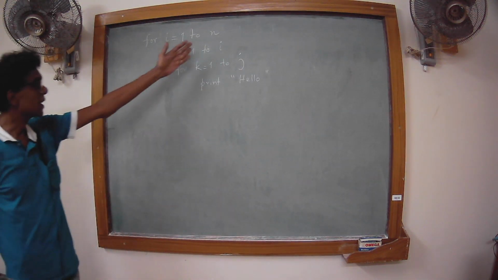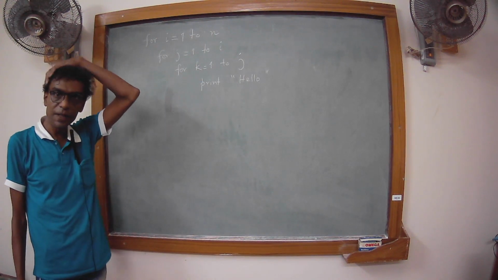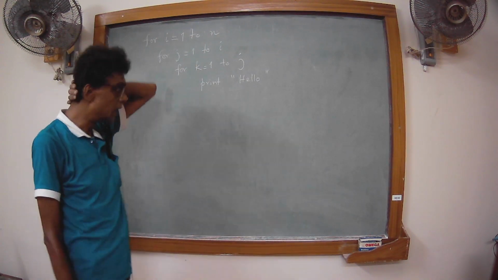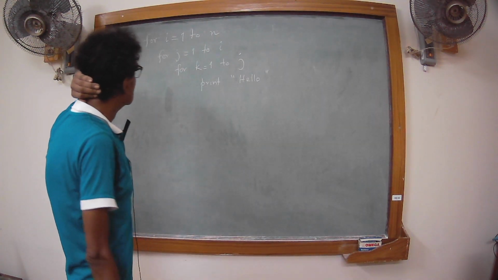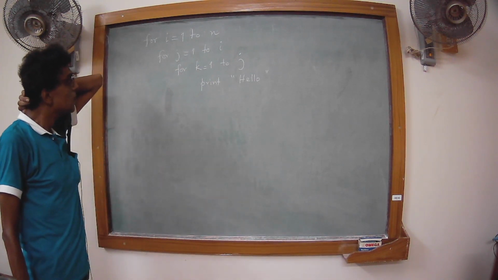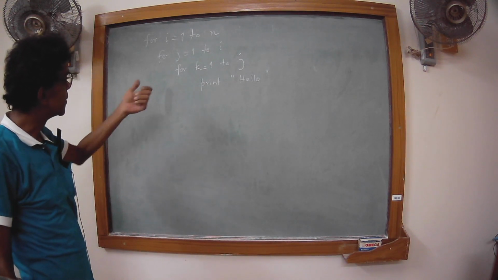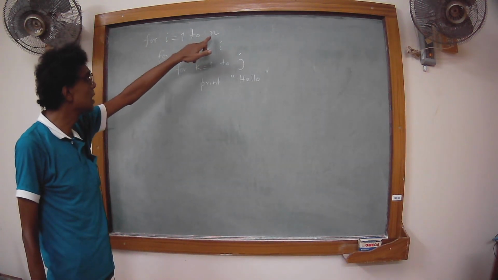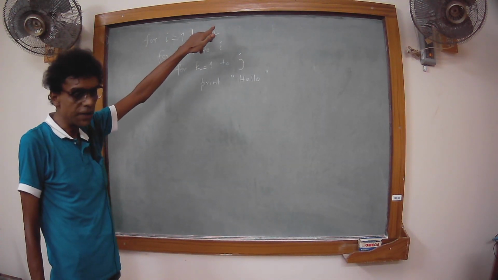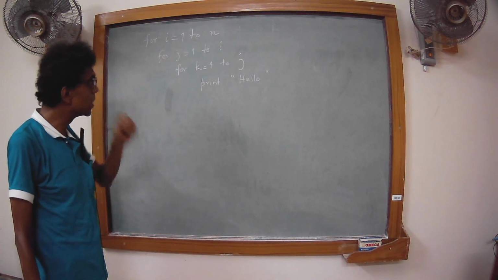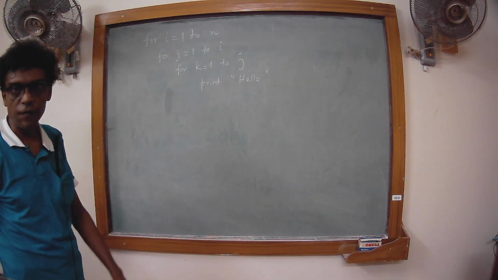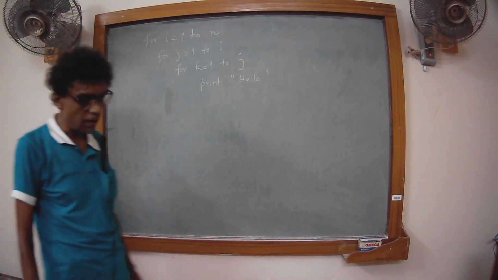Okay, let us work for a general n. In terms of n, what is the number of times hello is printed? Maybe in the first lecture, I had taken a specific value of n like 100. But we can work for an arbitrary value of n, and the answer will be a function of n.